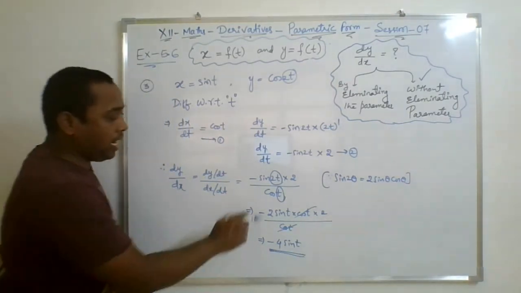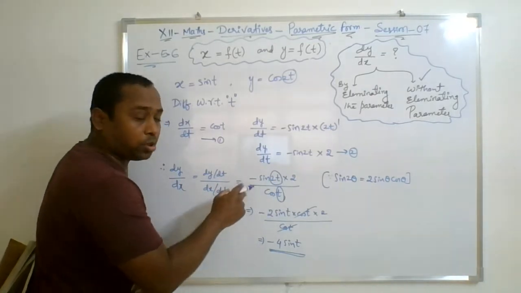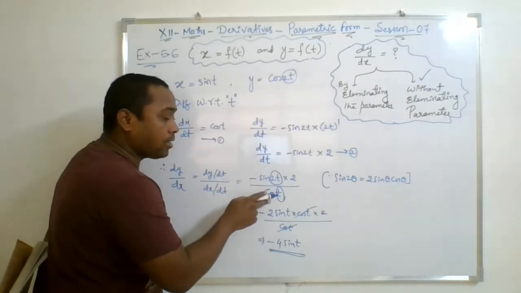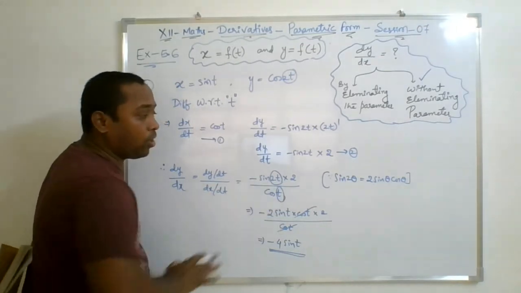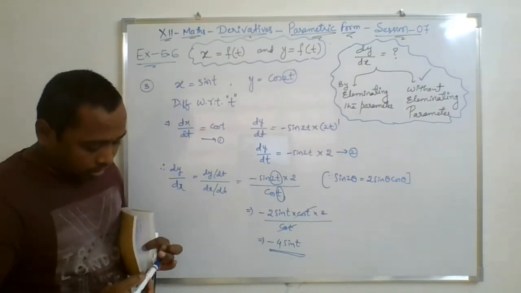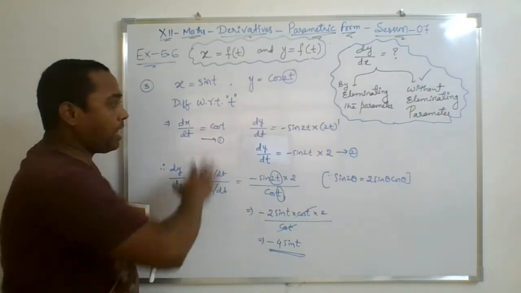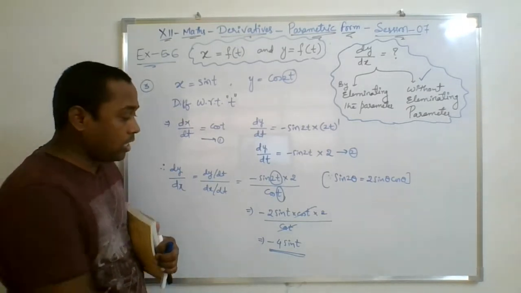So wherever the angles are not identical in the entire expression, make the angles identical by using some formulas of trigonometry. Correct? So this is a technique you require in the parametric form of derivatives, right?